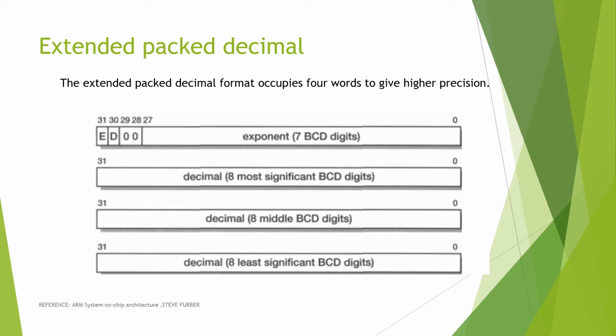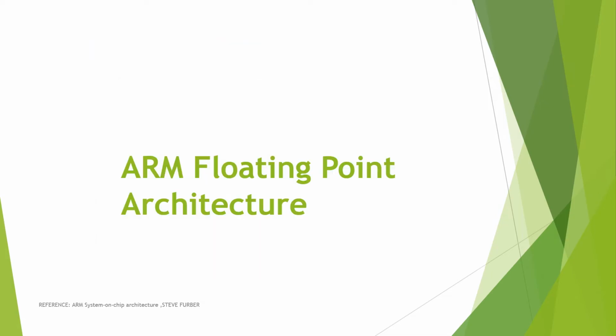Then you represent the sign of the exponent and the sign of the decimal. That is how the extended packed decimal format is shown, which is used for higher precision applications. So these are the main things about floating point data.